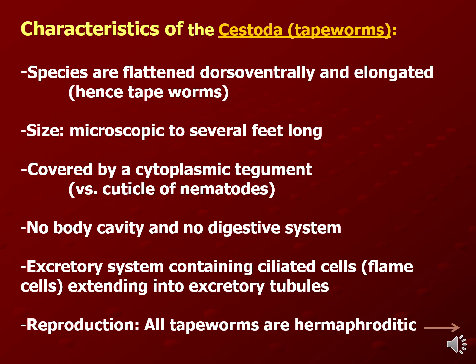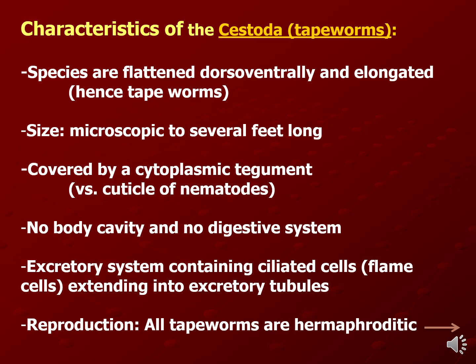Characteristics of the cestodes or tapeworms: the species are flattened, dorsoventrally and elongated. The size is microscopic to several feet long, and we shall see some examples. They are covered by a cytoplasmic tegument comparable to a skin, okay, a cytoplasmic tegument versus a thicker cuticle of nematodes or roundworms.